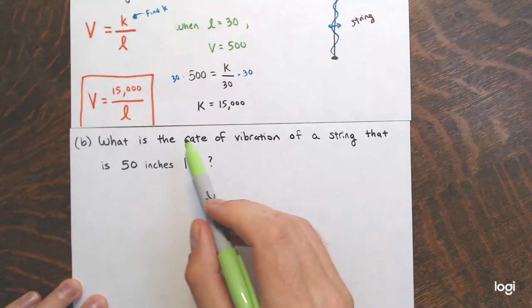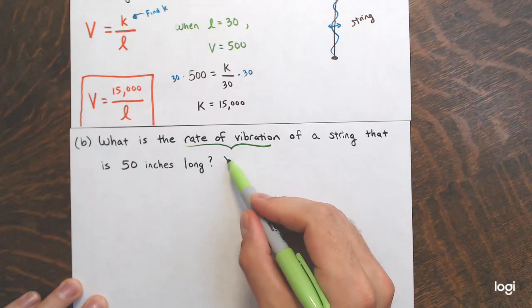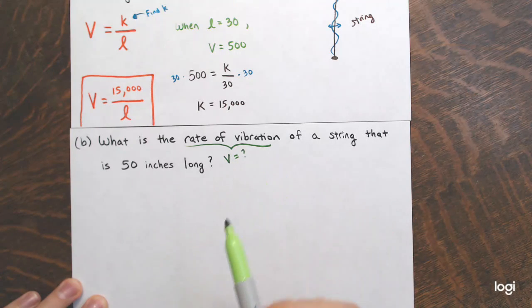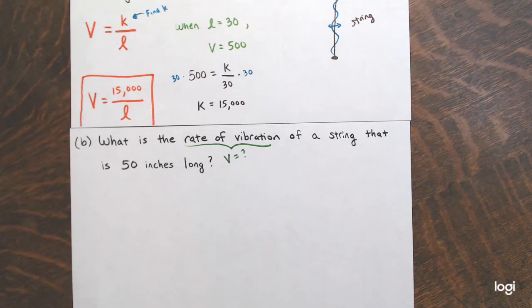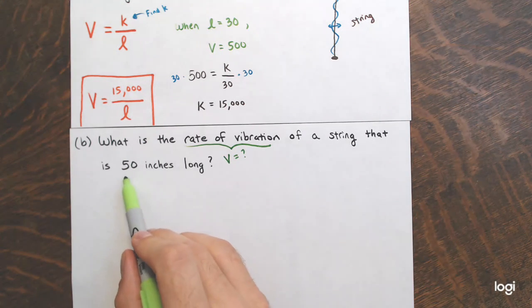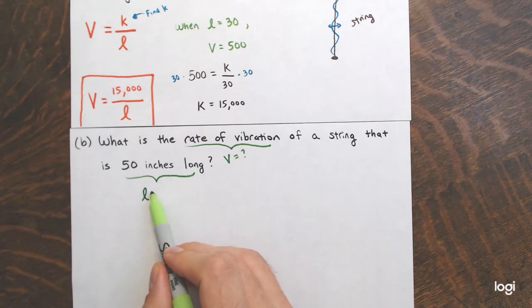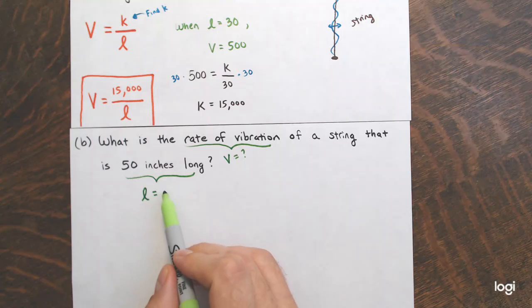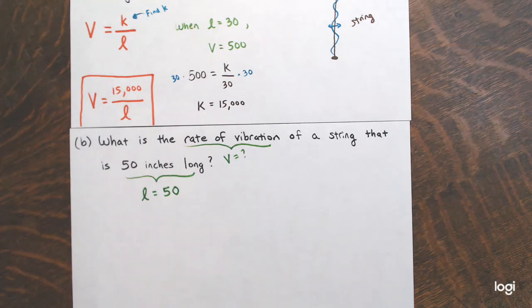So what we don't know here is the value of V, the rate of vibration in oscillations per second. A string that is 50 inches long gives us the length, so the value of L is 50, in inches.